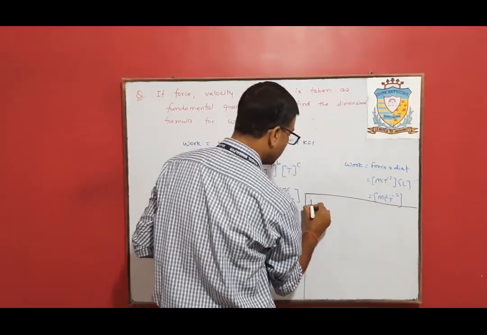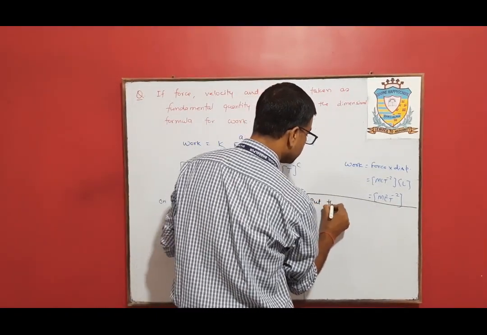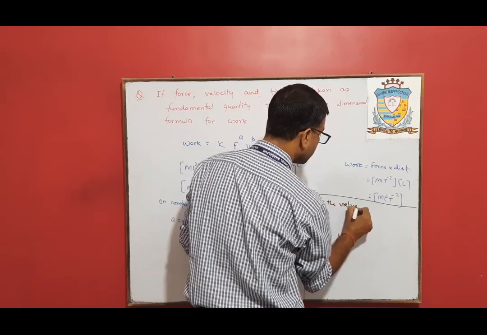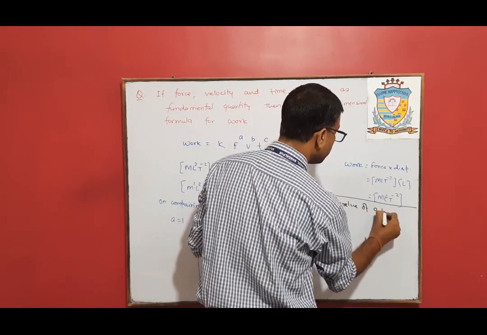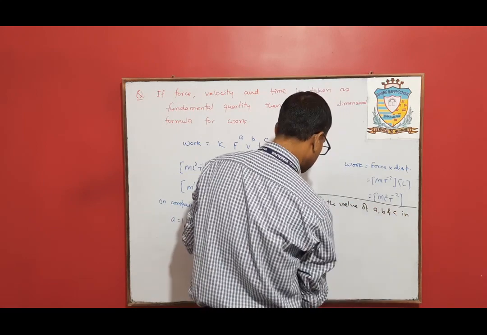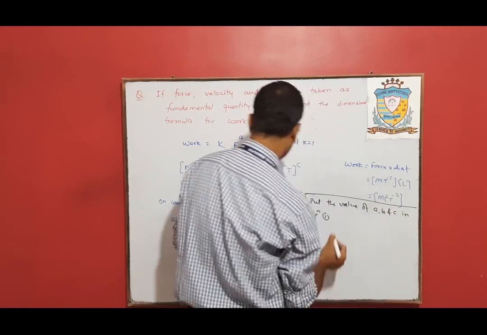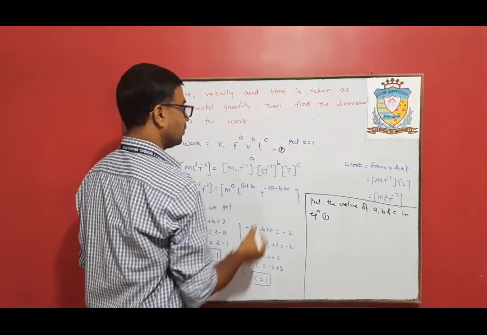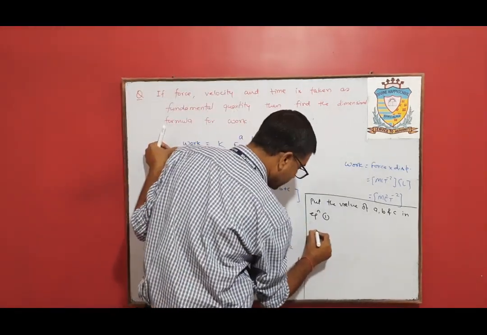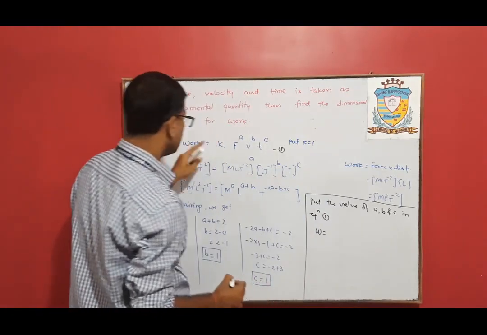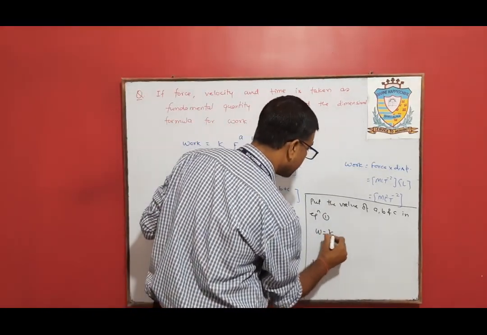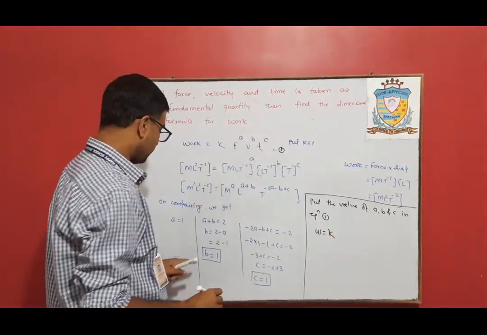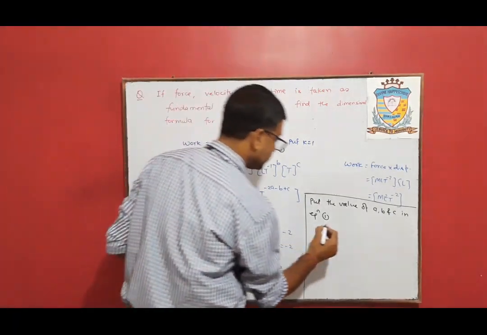So put the value of A, B and C in equation 1. In equation 1, we get W is equal to K F raised to the power A, value of A is 1.